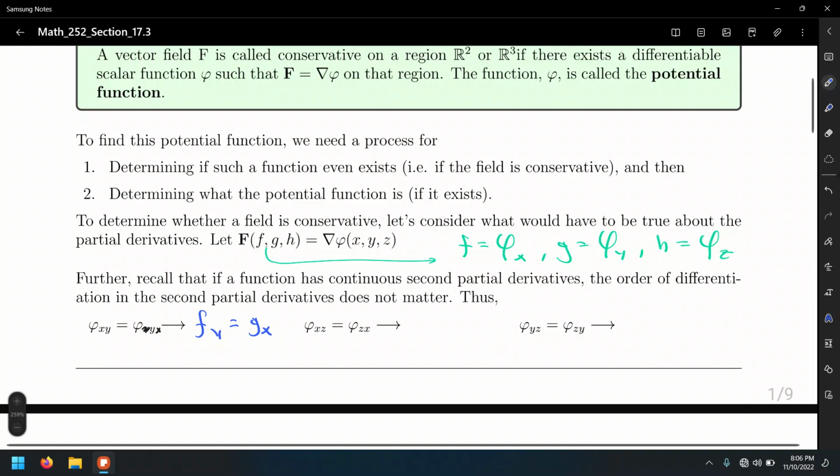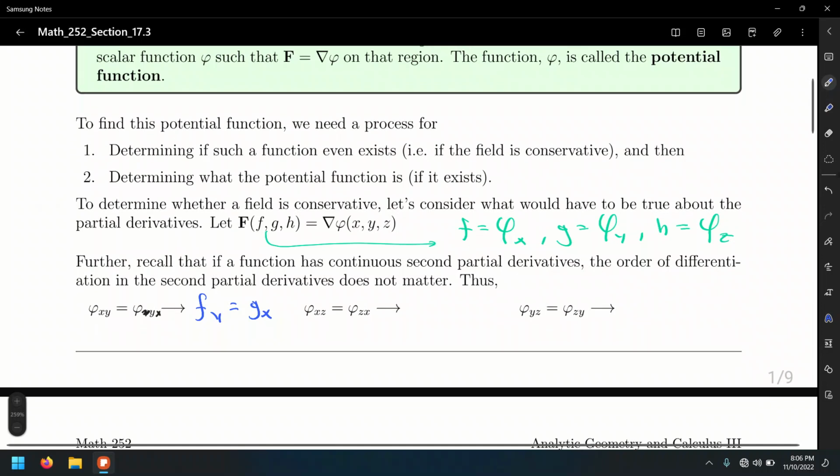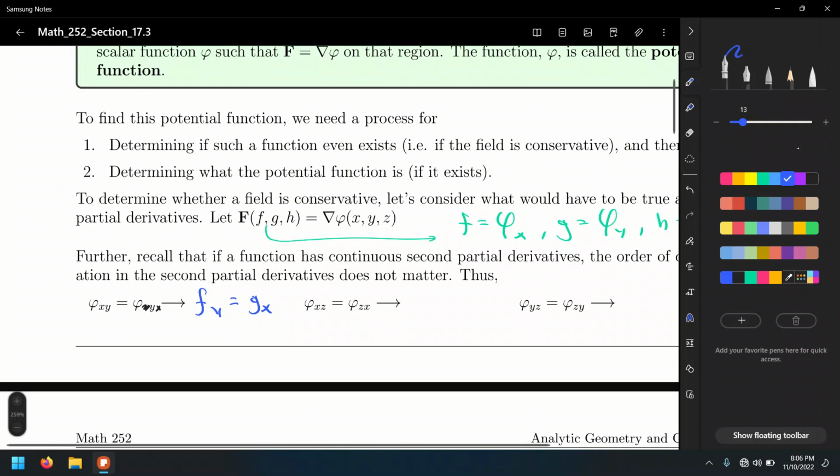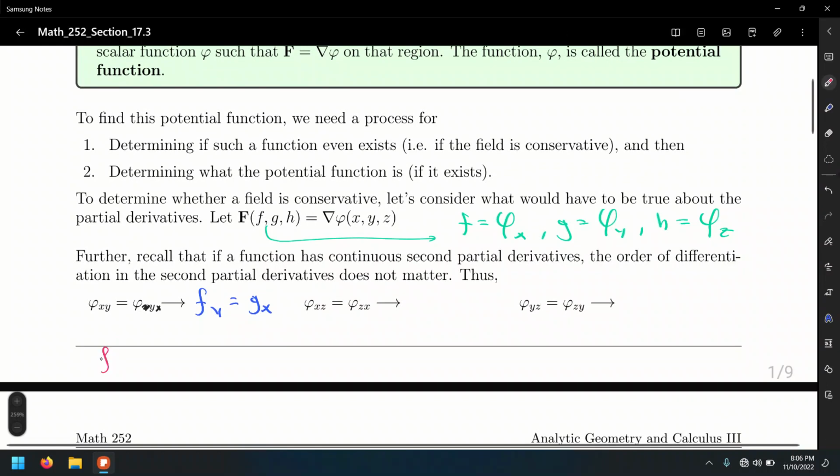Let me take this part right here, where f is equal to the partial derivative of phi with respect to x, but this one I'm going to take the second partial derivative, with respect to y. So this is the same as saying f with respect to y equals phi with respect to x, then with respect to y.